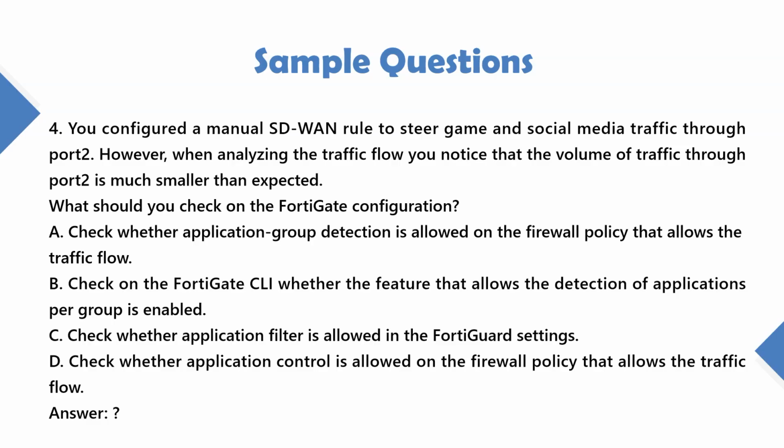B. Check on the FortiGate CLI whether the feature that allows the detection of applications per group is enabled. C. Check whether application filter is allowed in the FortiGuard settings. D. Check whether application control is allowed on the firewall policy that allows the traffic flow.